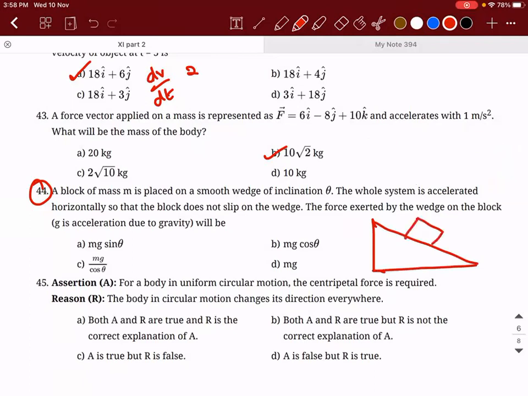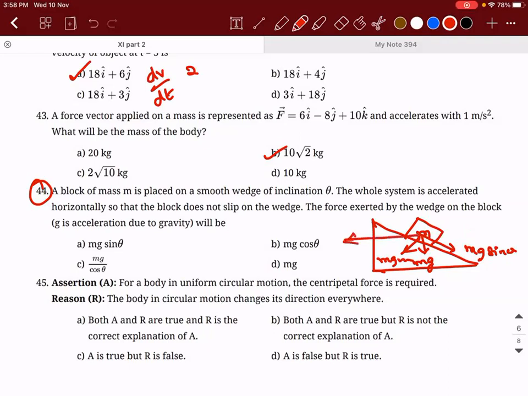Okay, there is a block on top of it. Sir, actually, I didn't solve, but I'll tell. You can tell. This mg, yes sir, this mg sine theta, and this is mg cos theta. How is the force applied? The force is applied like this. One minute. Force mg sine theta.